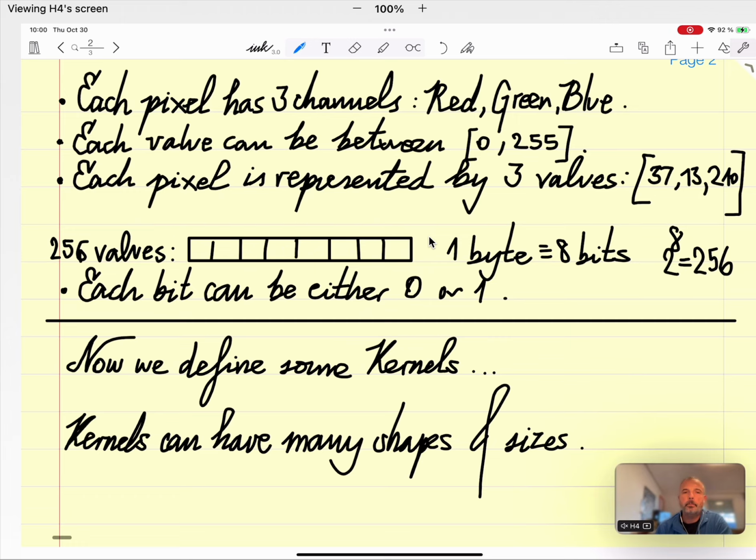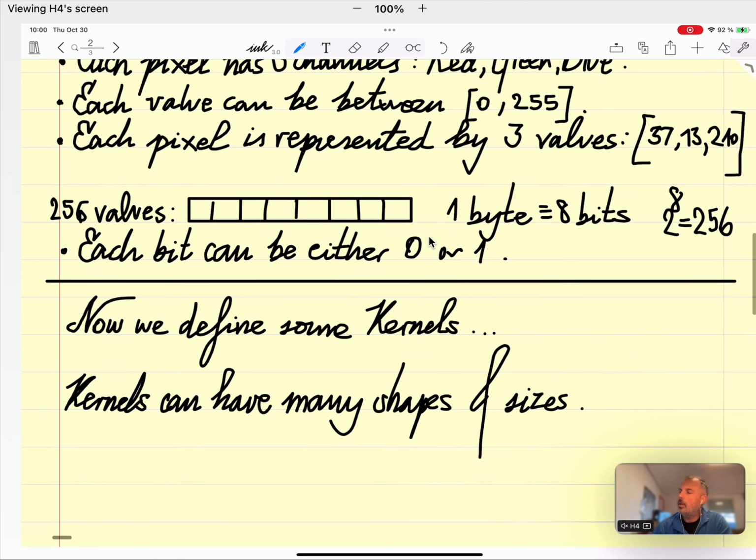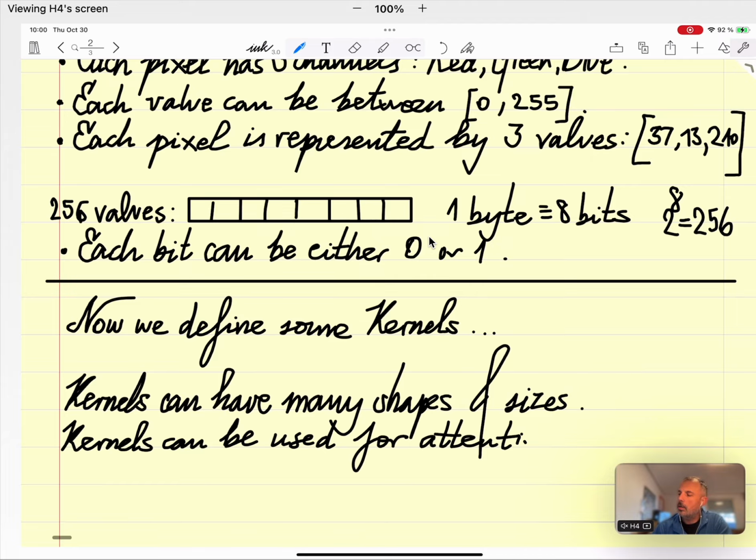Kernels can be used for attention, for blurring, like if you want to pixelate some parts of the image, and can be used for edge recognition, just like in the example above.